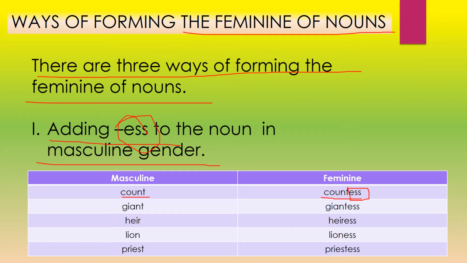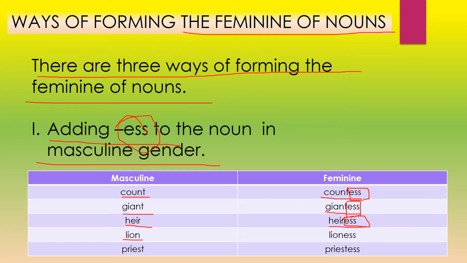So when you are having the feminine gender, the word is giantess. You are just adding ess to the masculine gender. Next is heir, H-E-I-R, heir. So over here also you are just adding ess to the masculine gender word, and the feminine word is heiress.